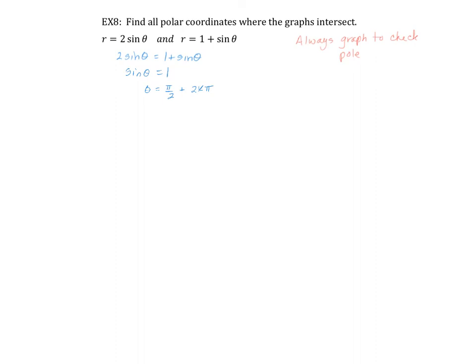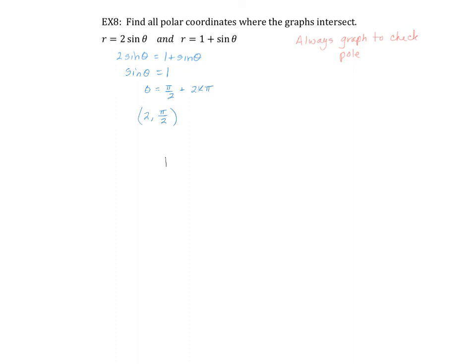And notice in these equations, if I put in pi over 2 for theta, now remember this is in polar form, then in the first equation the r value is 2, and in the second equation the r value is 2. So 2 comma pi over 2 is a point where these graphs intersect, but is it the only point?